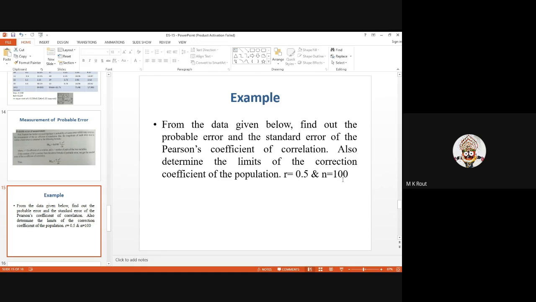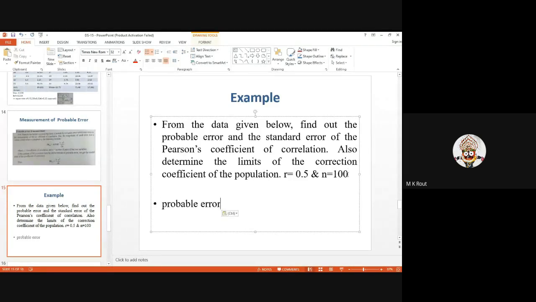What is the answer for the probable error? Just write down the probable error. It equals how much?